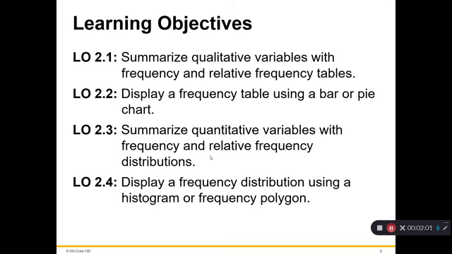Okay, so when I say mutually exclusive and collectively exhaustive classes, what does it mean? I think we will talk about that later, but let's first go through the objectives.